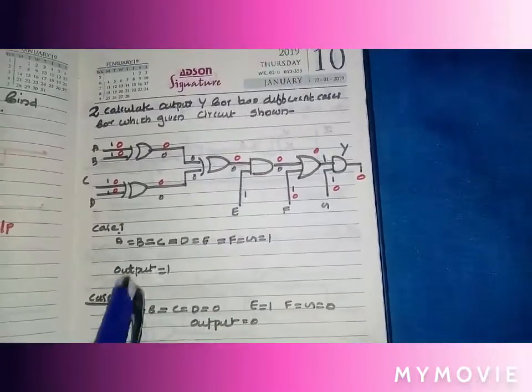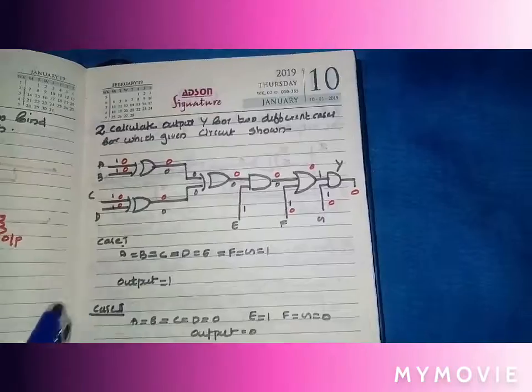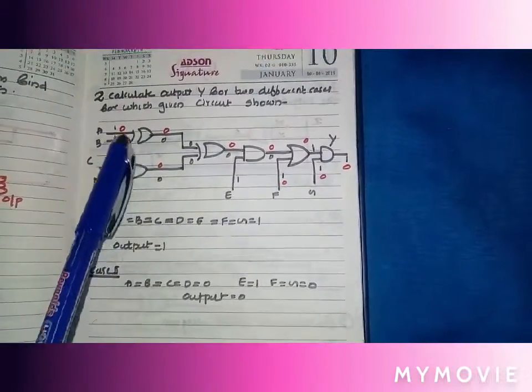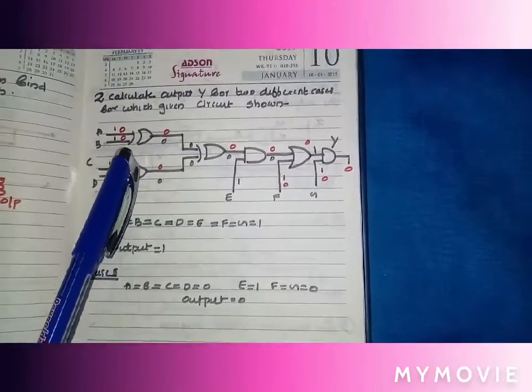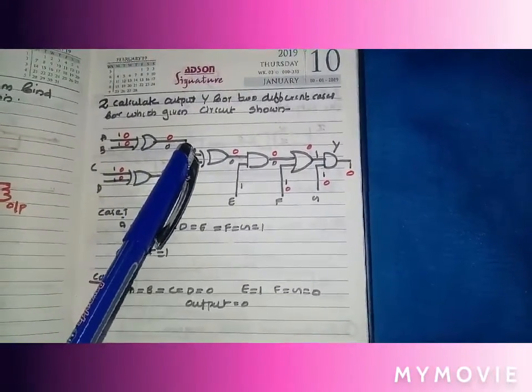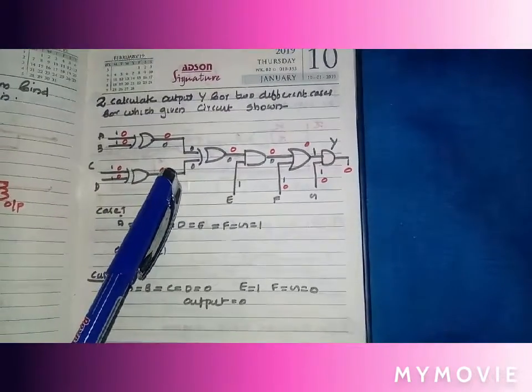The second case is represented by red values, in red ink, in which A equal to B equal to 0 means the XOR gate output will be 0. C equal to D equal to 0 means the output will be 0.